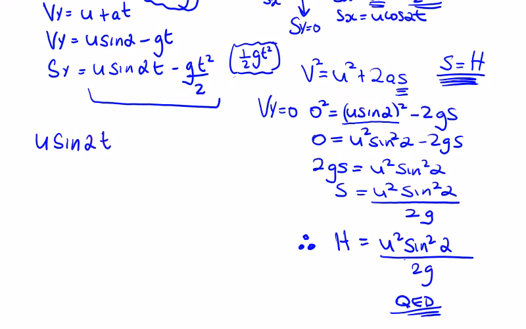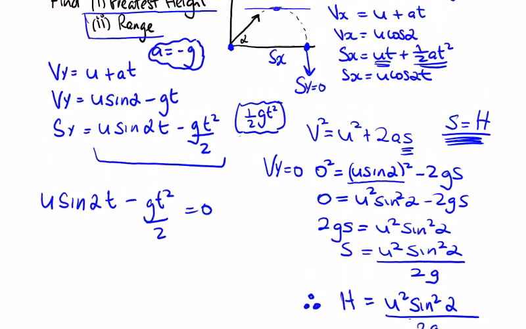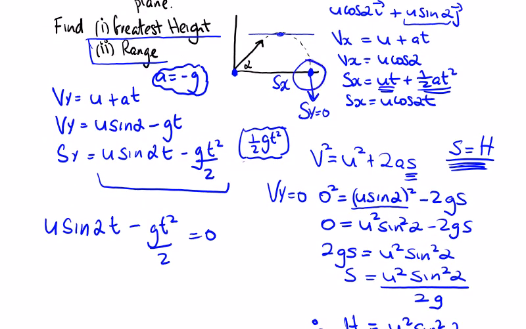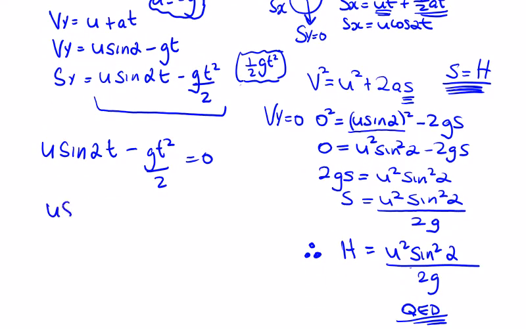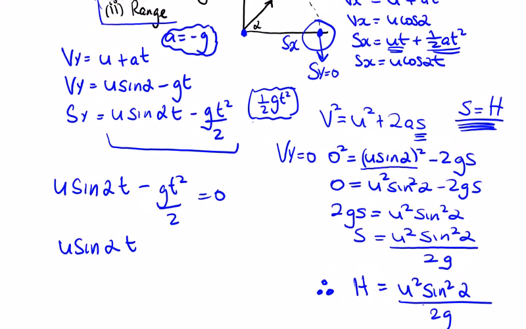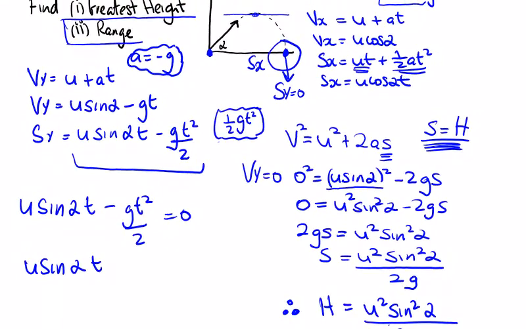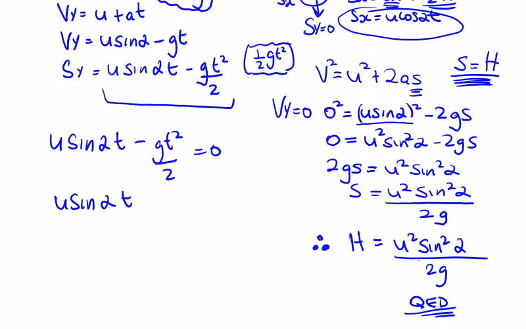But just for now, let's take a long approach to these questions. This has to be equal to 0 at this point. So u sine alpha, we're trying to solve for t here, and then we're going to sub it back into my displacement in x, which we have over here, u cos alpha times t. So we're going to have to multiply this time by u cos alpha. This is equal to gt squared over 2.